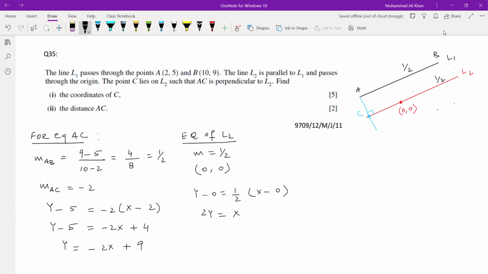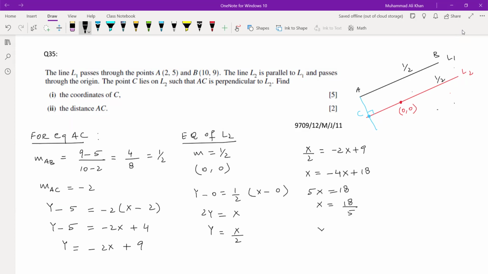What is the value of y from this? x upon 2. I am substituting in the equation of AC. So the AC equation will be x upon 2 equals minus 2x plus 9, so x equals minus 4x plus 18, 5x equals 18, and x equals 18 divided by 5.